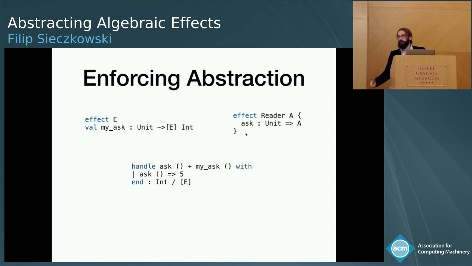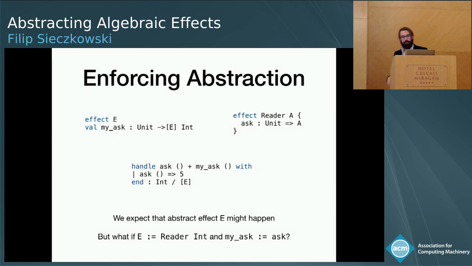In particular, ask for a reader of int has exactly analogous type to the type on the left-hand side. So of course, we could call ask and myask, and this computation would have two effects, E and reader int. And now, if we handle ask, the expected outcome would be that the effect raised by myask is still propagated outwards, right? It should never be caught by the handler.